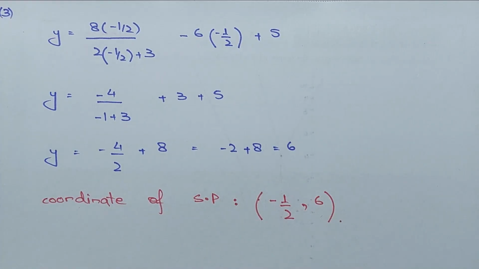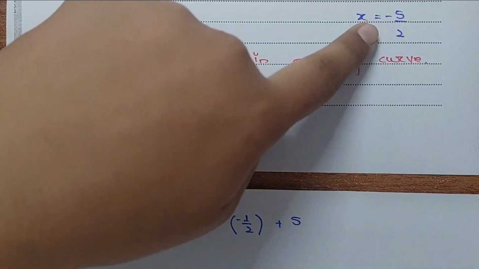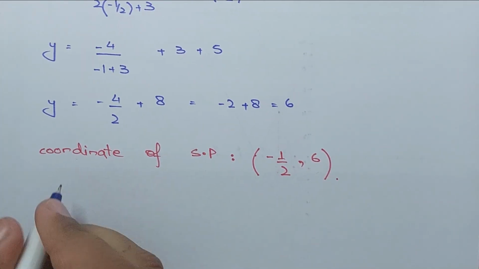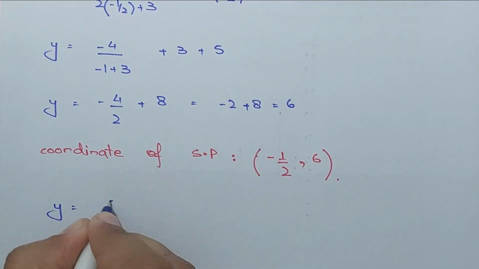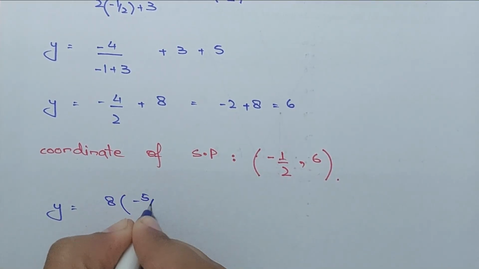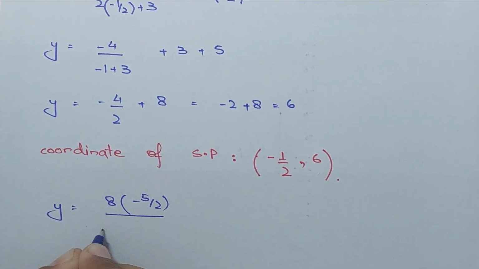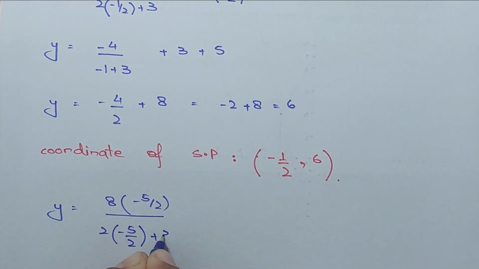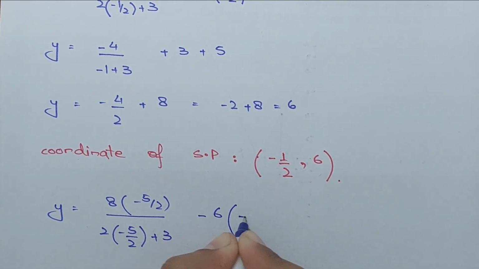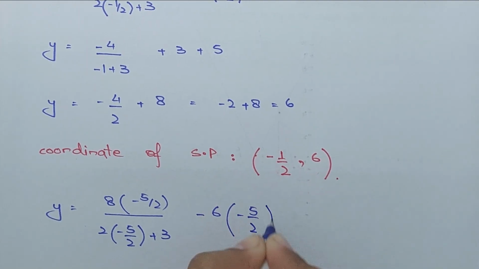Right? Now let me put the second one. When x value is minus 5 by 2. Right? So y is equals to 8 minus 5 by 2 divides 2 into minus 5 by 2 plus 3 minus 6 into minus 5 by 2 plus 5. Okay.